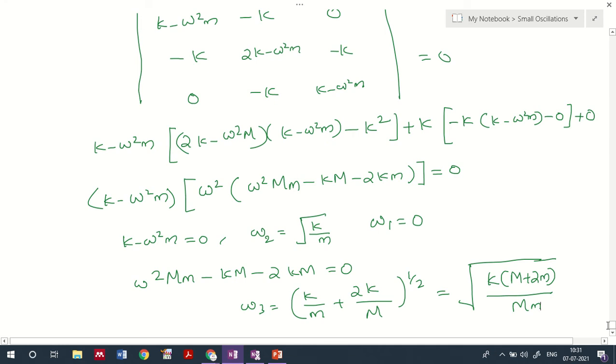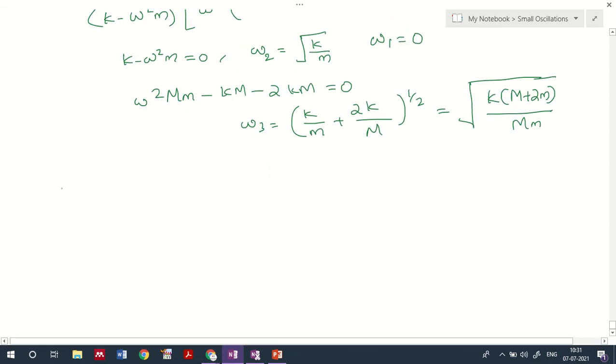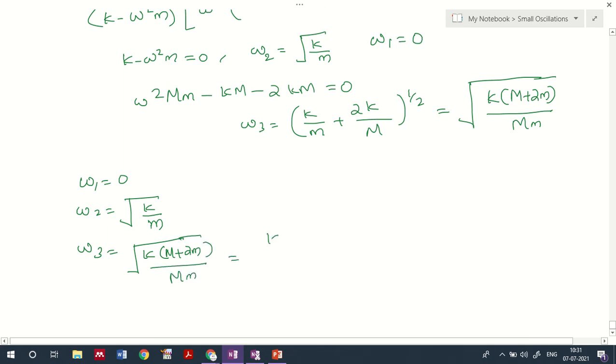What we are able to find is that when you consider a triatomic molecule and the associated potential and frequency, and put that into the secular equation, as we have discussed in the previous classes, there are three frequencies associated with it: omega 1 equal to 0, omega 2 equal to root k by m, and omega 3 equal to root of k by m plus 2k by capital M. So there are three frequencies associated with the triatomic free vibration.